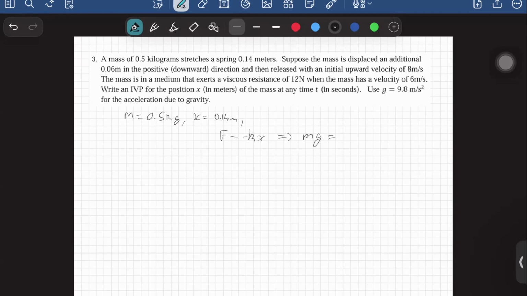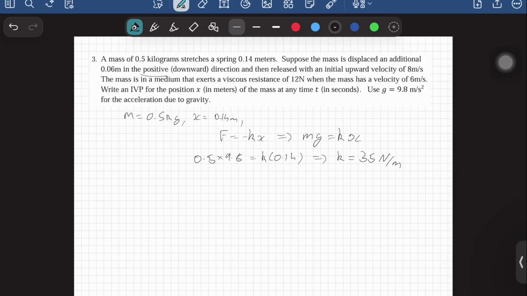But in this case, we won't be using negative because it's written over here, it's supposed to be positive in the positive downward direction. So it's just going to be kx, and that's 0.5 multiplied by 9.8 gives us k multiplied by 0.14. And then we can find the spring constant to be 35 newtons per meter, right?